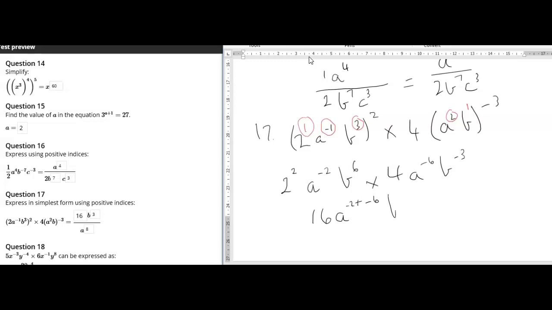And then we do our other base, which is b. b to the power of 6 plus negative 3. Now, I don't have another page, so I'm just going to put it over here. So 16a, so negative 2 plus negative 6 is negative 8.